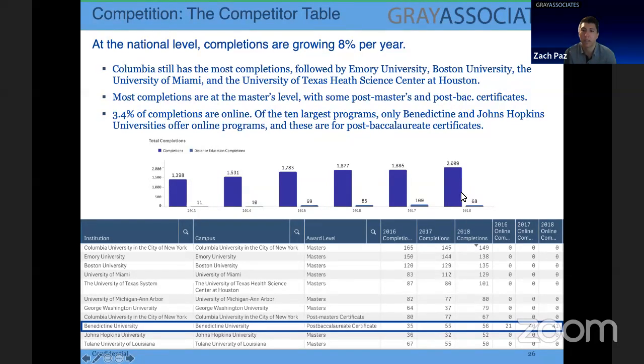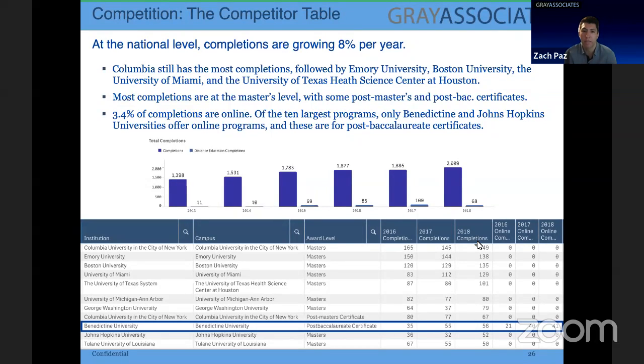And in addition, there are some programs that are offering an online modality. And we'll talk about that in a second. First is to look at the largest programs, starting with Columbia, as we saw. So in New York, that's still the largest program. Then we have Emory, Boston, University of Miami, and the University of Texas system, all producing over 100 graduates in each of their master's degree programs.